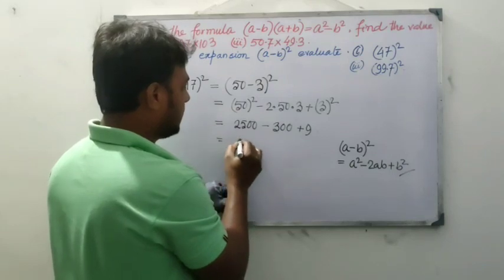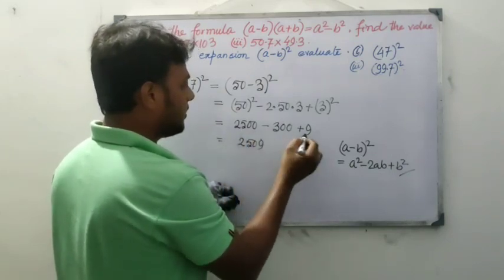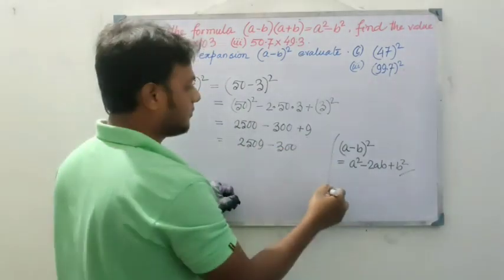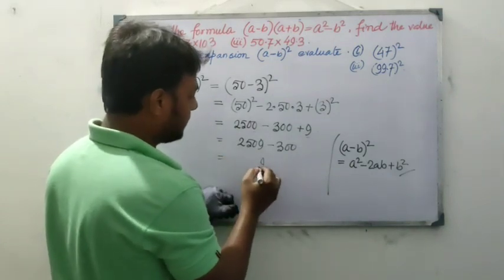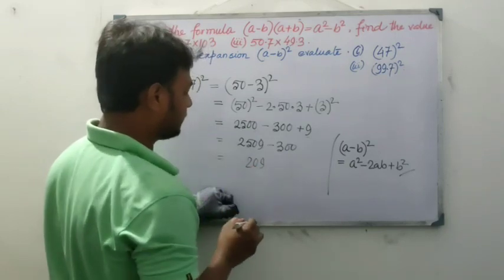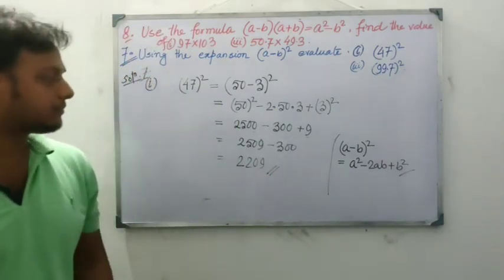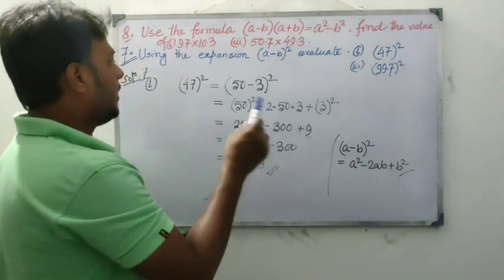Now adding, it is 2509, minus 300. If we subtract this, we get 2209. This completes the solution. Understood? Next, the third problem.